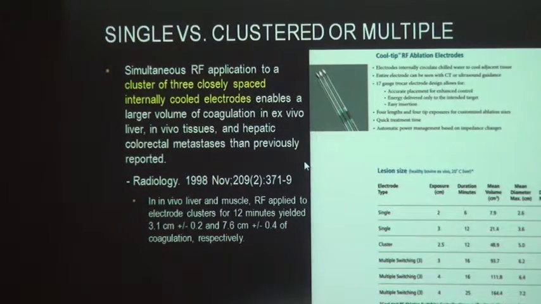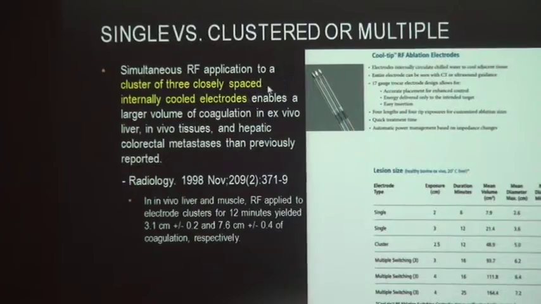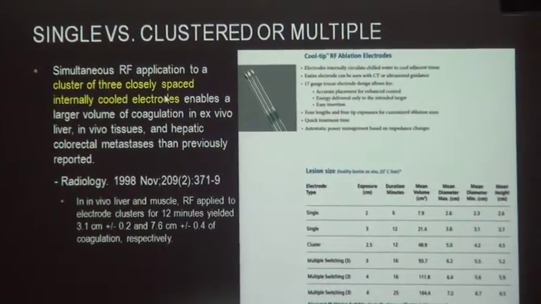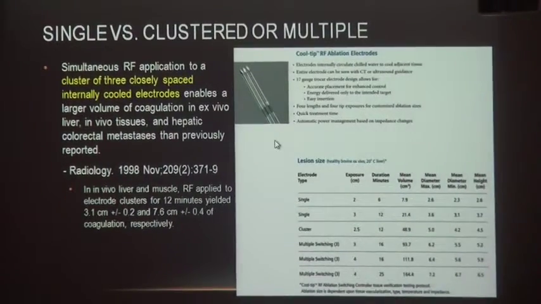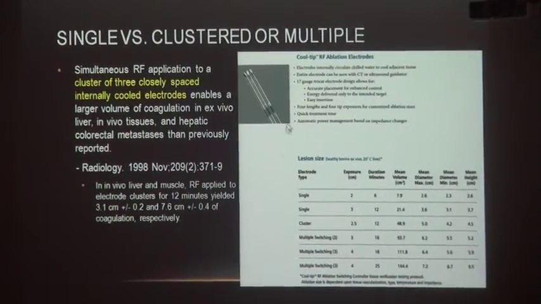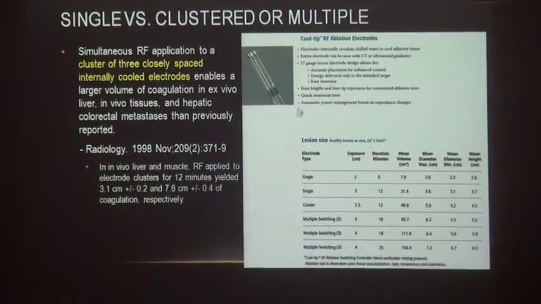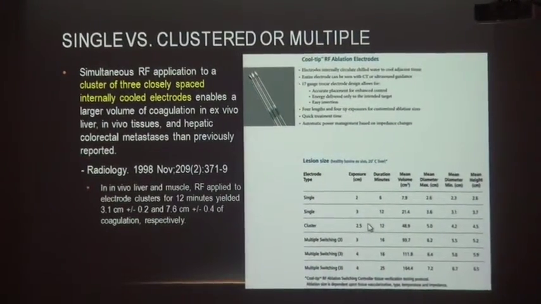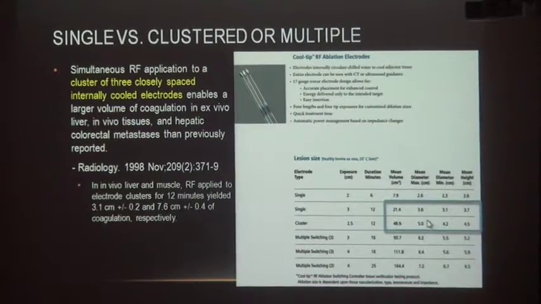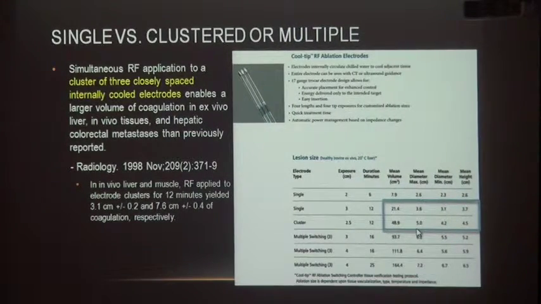The simultaneous RF application to a cluster of 3 closely spaced internally cooled electrodes enables a very large ablation zone. This cluster electrode has a 2.5 centimeter exposed tip, and the minimum and maximum diameter is about 4 to 5 centimeters.